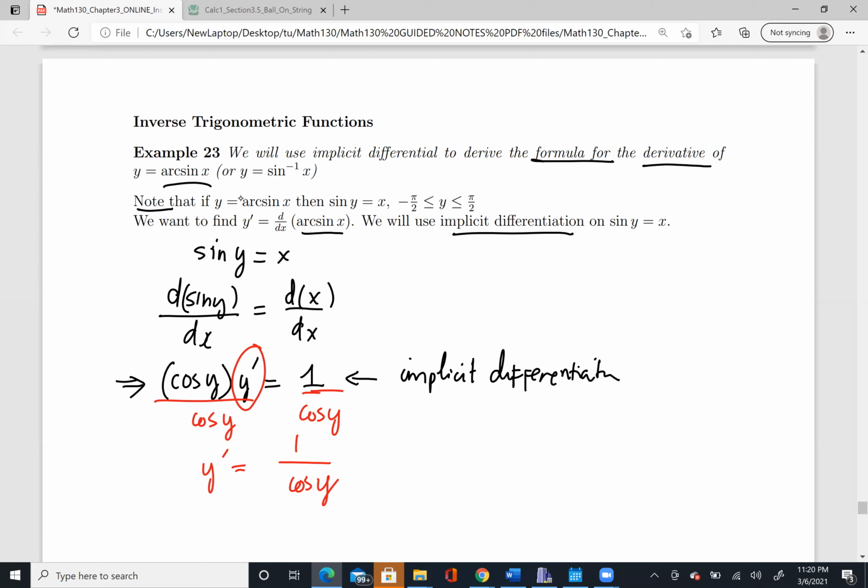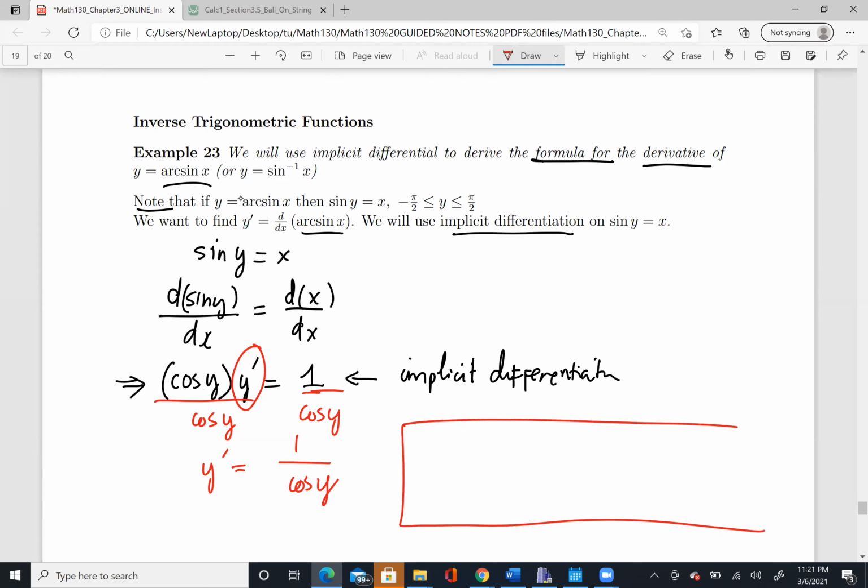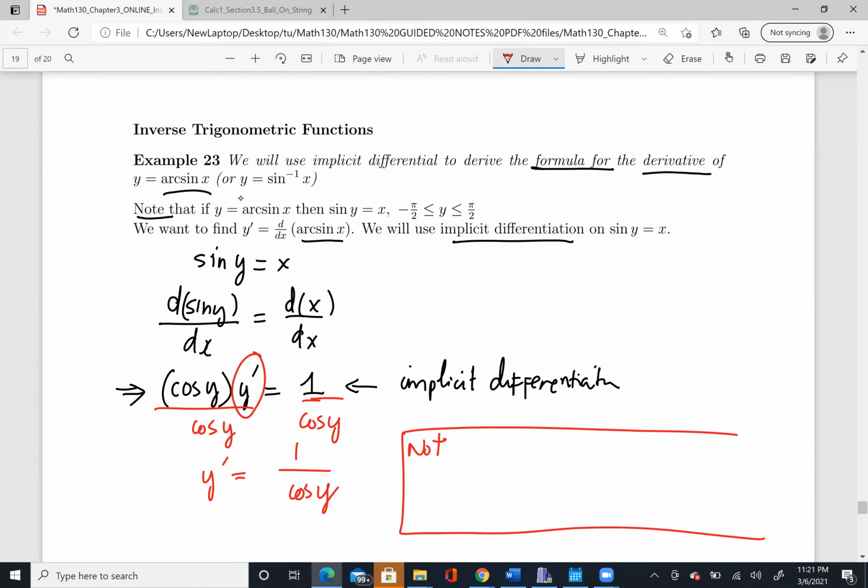Okay, so let me have a note that we want an expression for the derivative of arcsine x, right?